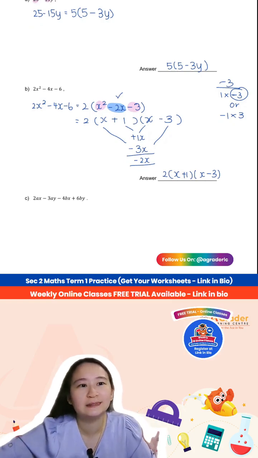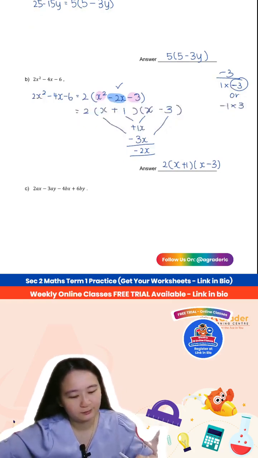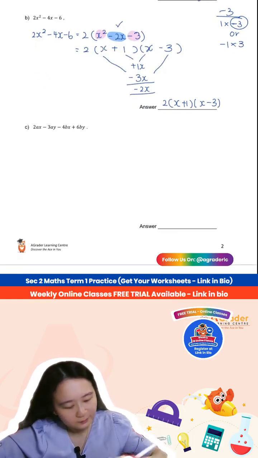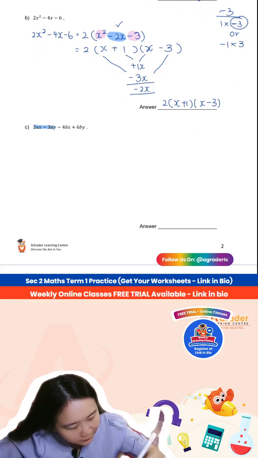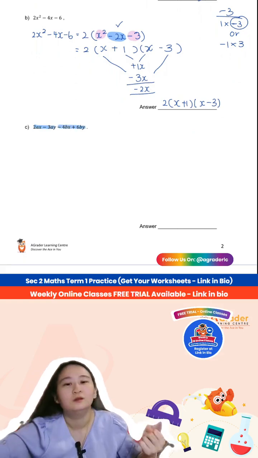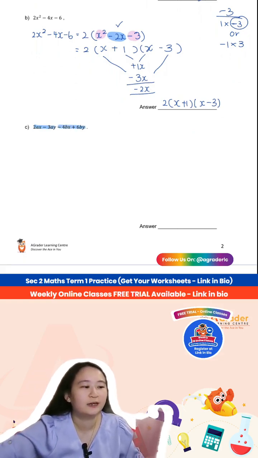Anyone done with part C? For part C, you split it into 2 parts to factorize.